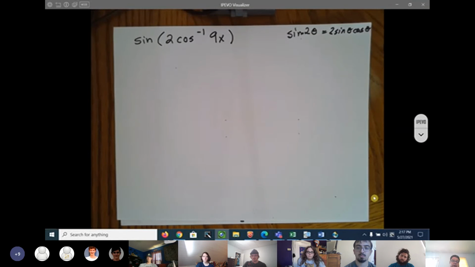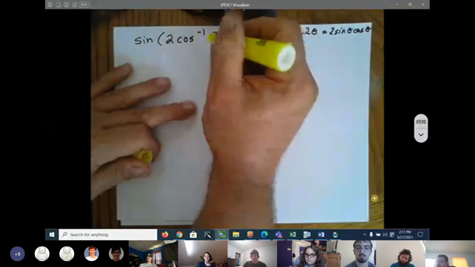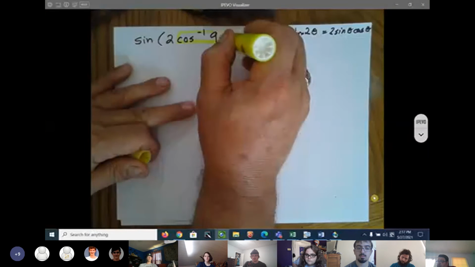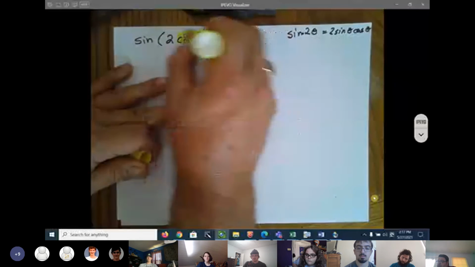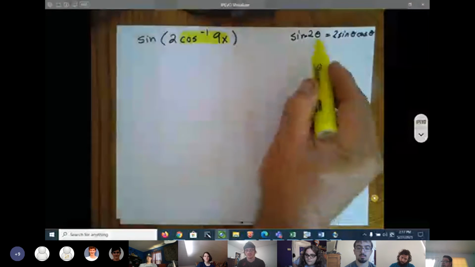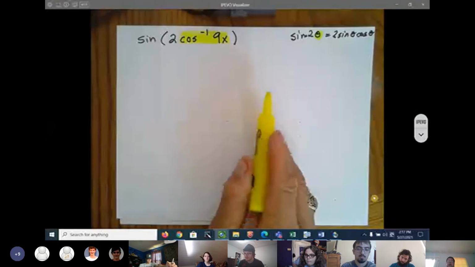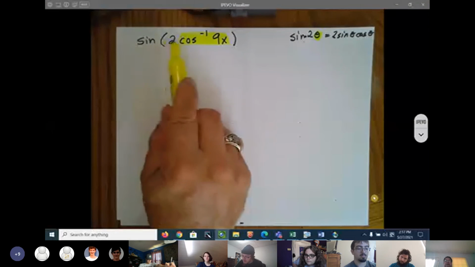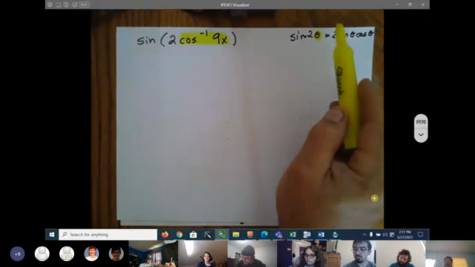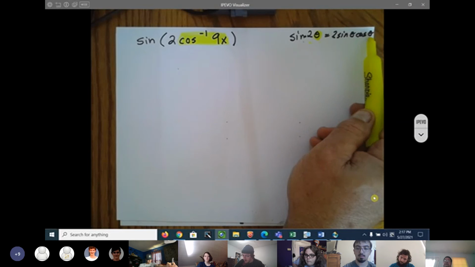This problem, I'm going to highlight this as theta. So basically, I've got sine 2 theta. Now, since I've got sine 2 theta, I can rewrite sine 2 theta as this.